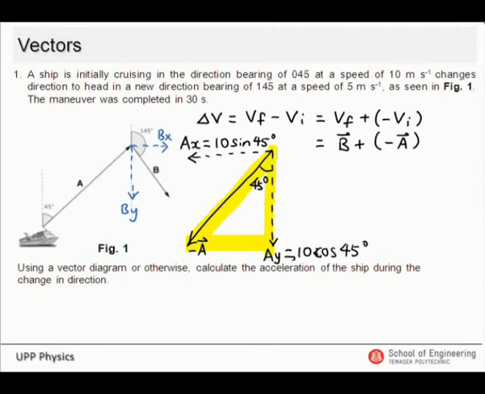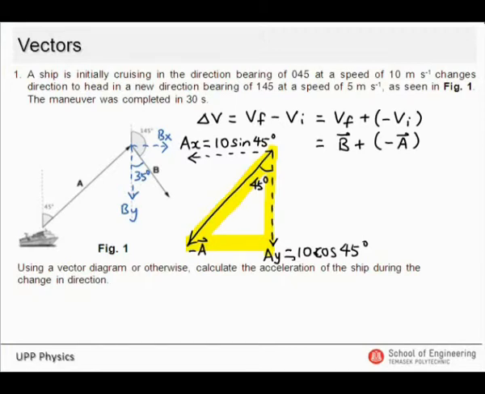The angle is 35 degrees for this side. The angle of a straight line is 180, so you take 180 minus 145, you get 35 degrees.